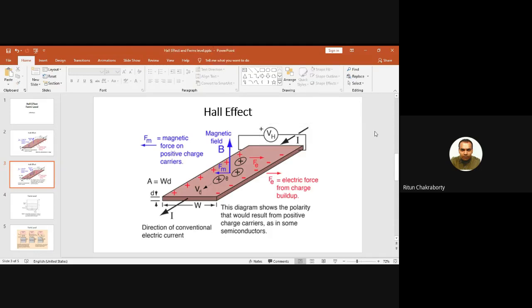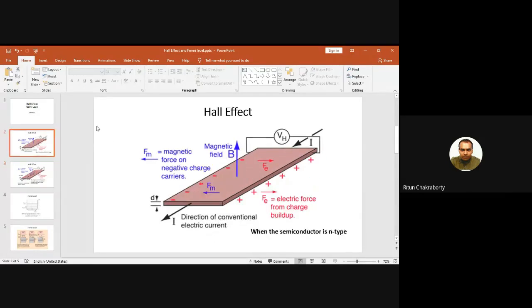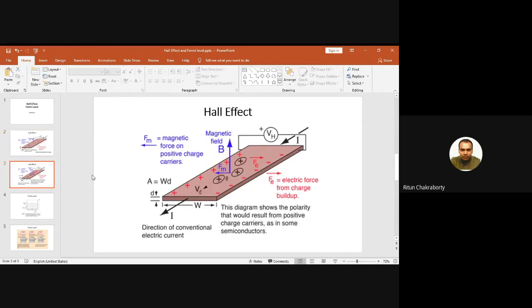This time the charge buildup is different, because the majority carriers are the positive charges in the semiconductor. In the earlier case, the majority charges were the electrons, and therefore the electrons moved to one side and holes to another side. In the second case, the holes are the majority charges.